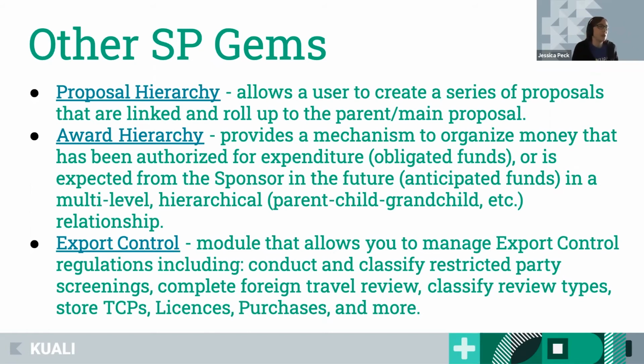Maybe you set something up at the parent level, and then each year is a child. There are a lot of different ways, and each school has a different flavor of how they set it up. Or maybe you have an NIH grant, and every 5-year segment is a child under the parent that you want to track. So there's a lot of flexibility and functionality there that you can take advantage of.